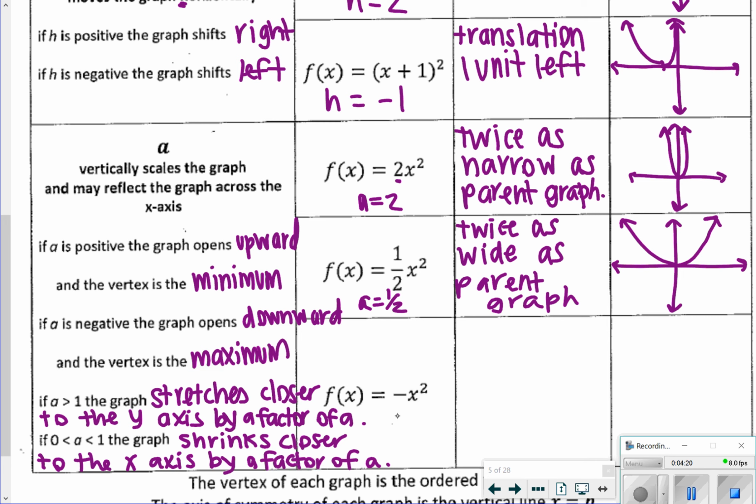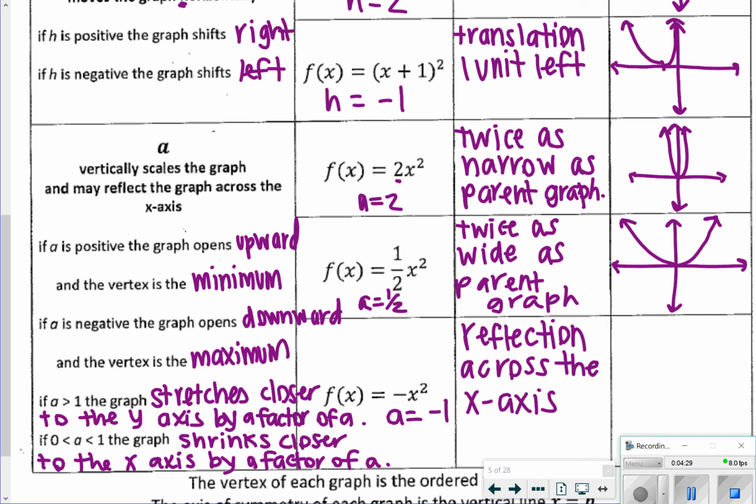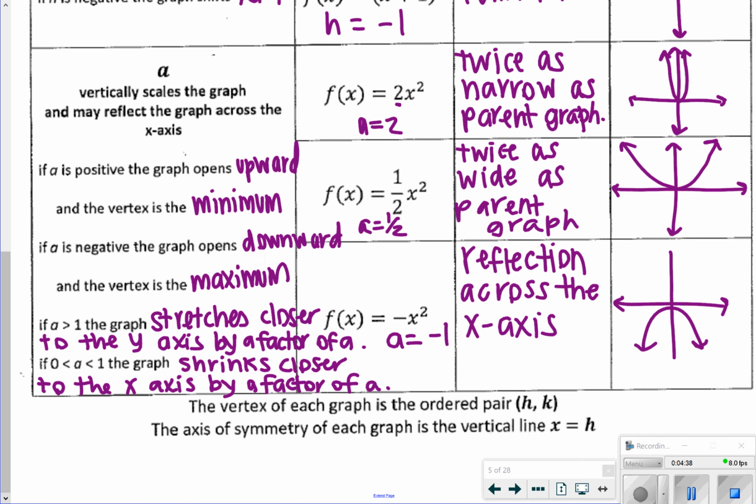The last example is when A would be equal to a negative number. So this one's A is equal to just a negative 1. What this is going to do to the graph is it's going to reflect across the x-axis or open downward. So this is what this will look like, where it would still be the parent graph, just open downward.